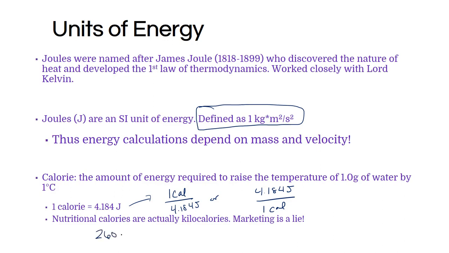If a Snickers bar says that it's 260 calories, that's what we consider nutritional calories because it came from a nutritional label. Nutritional means kilocalories, so I'm going to write that. It's actually 1,000 times bigger, so the energy present in a Snickers bar is 260,000 regular scientific calories as defined right here.